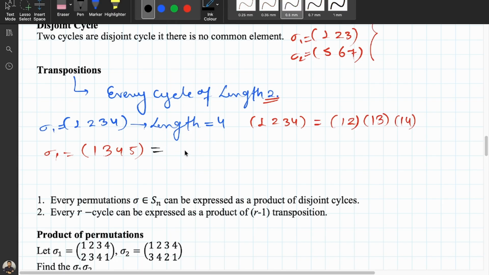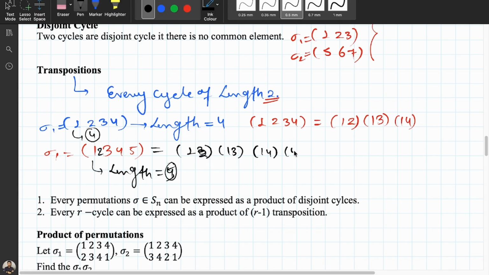I can also express it in terms of (1, 3), (1, 4) and (1, 5). What is the length of this? Length is 4, here it is length 4. Let's say the length is 5, then (1, 2), (1, 3), (1, 4), (1, 5).